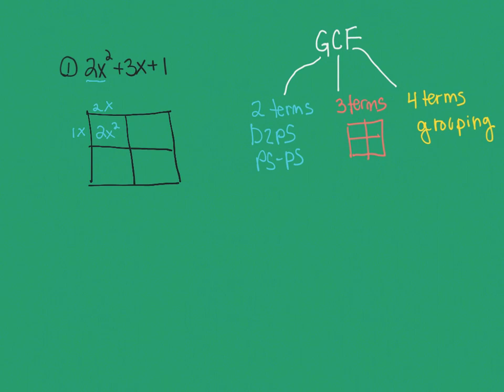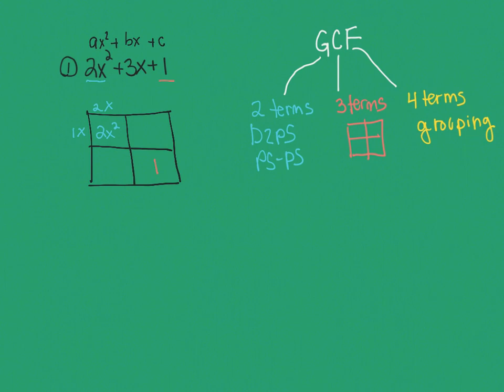Now I'm going to look at that constant term, what we call the c term when we're looking at ax squared plus bx plus c. That is a 1.